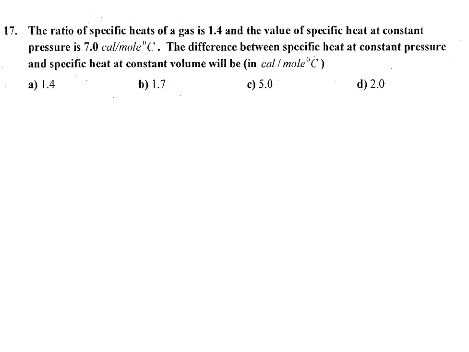We know Cp by Cv is gamma, the ratio of specific heats, its value given 1.4, and specific heat at constant pressure Cp is 7 calorie per mole degree Celsius.